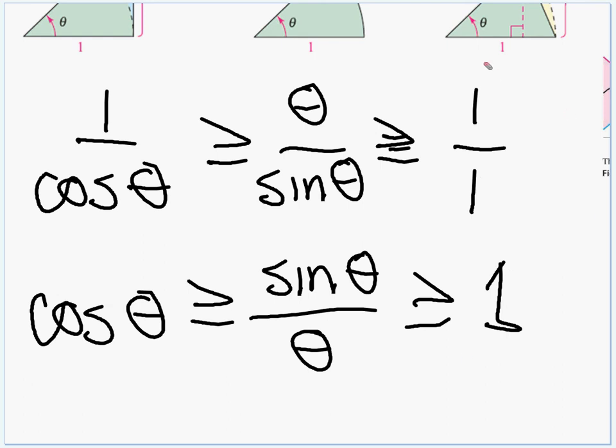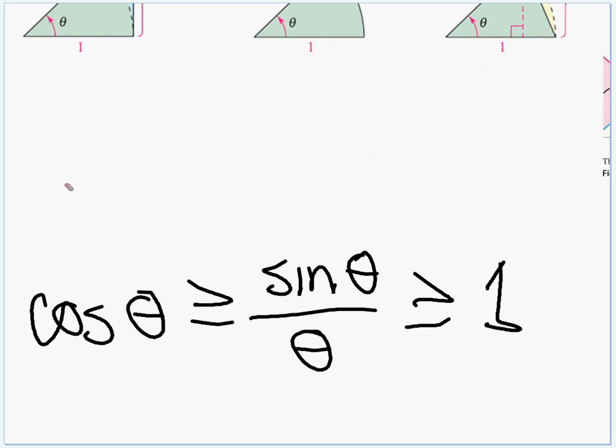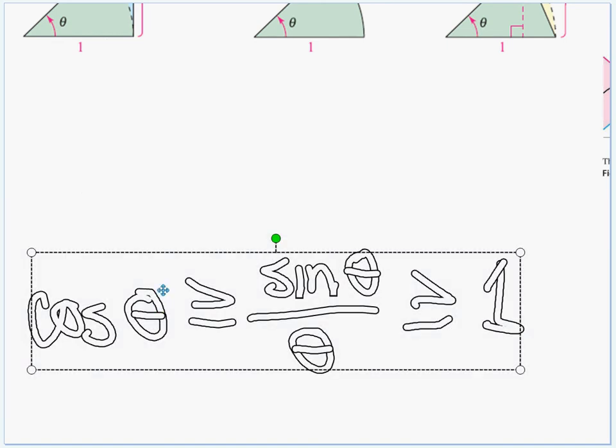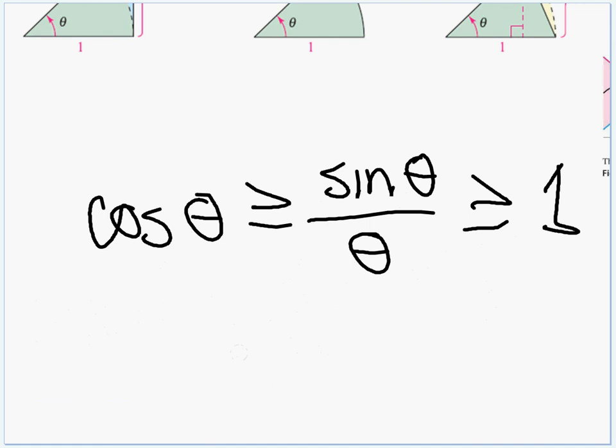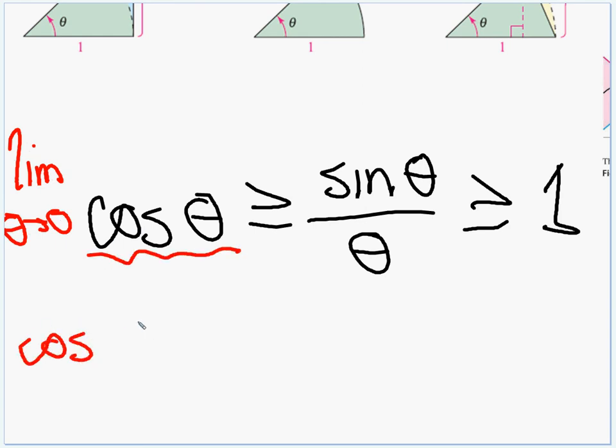Okay, last thing here. Let's let our limit approach 0. So I'm going to move this over here, switch to red ink. Let's take the limit as theta approaches 0. So this one here on the left, that's going to become the cos of 0, and the cos of 0 is equal to 1.